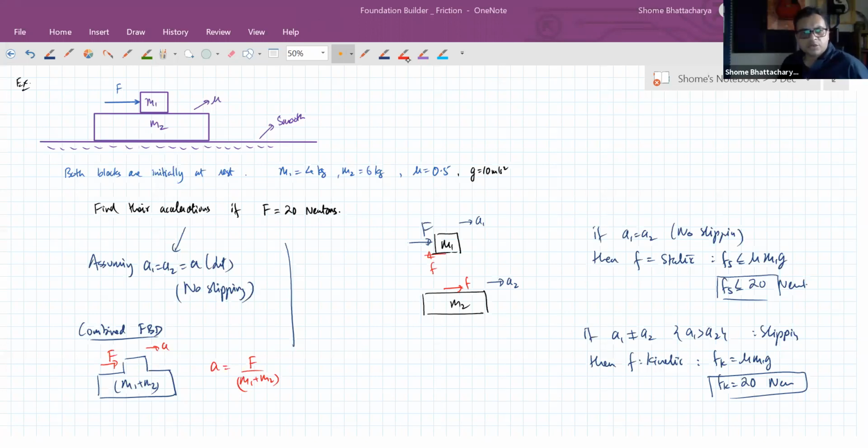So this common acceleration, we assume it. Yes, that's correct, Kunj. We will get a common acceleration here.